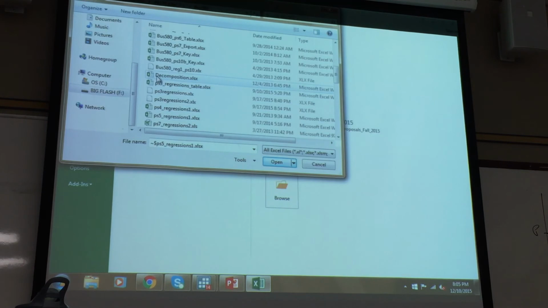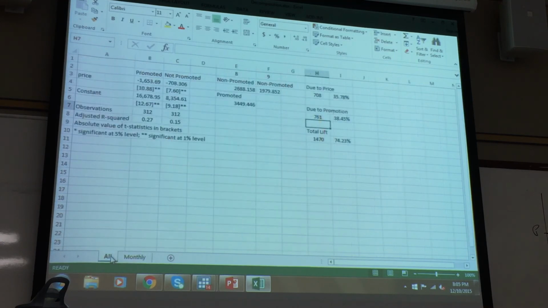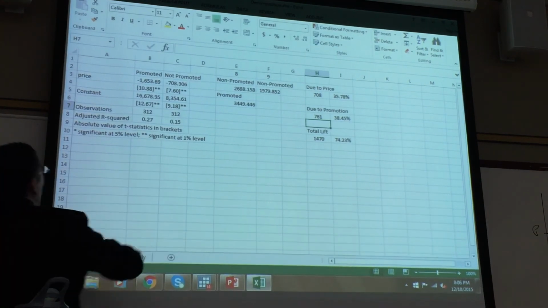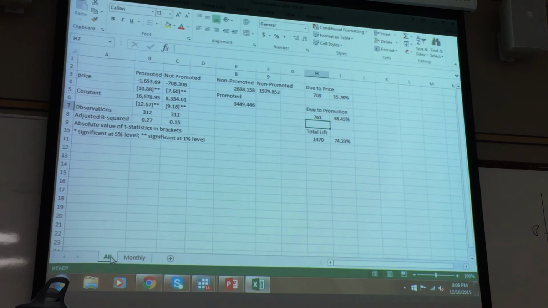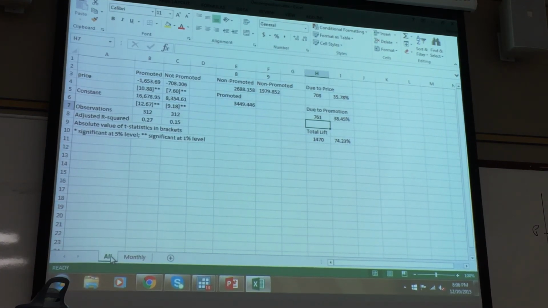All right, so I outregged it. I've got my constant beta zeros, and I got my slope coefficients, my beta 1s.